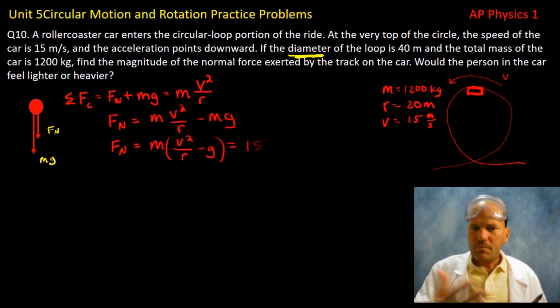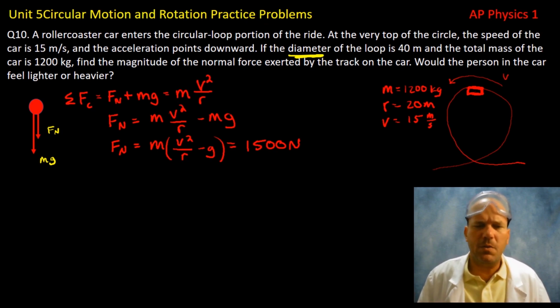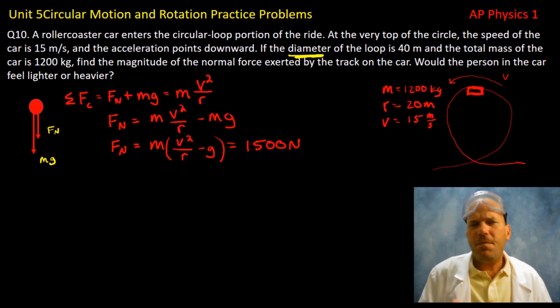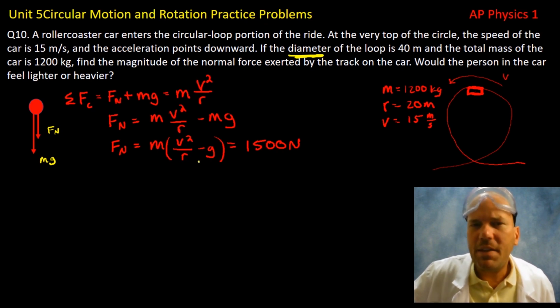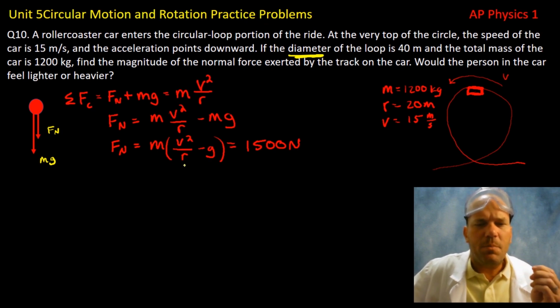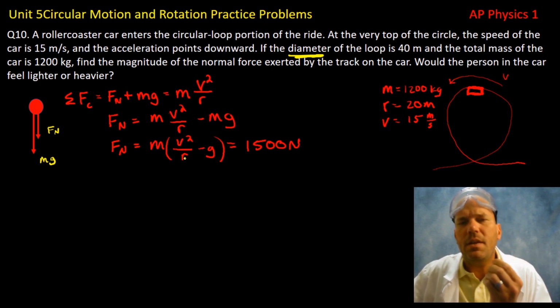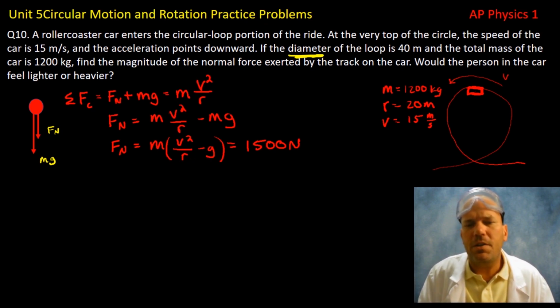So if we put in values and we also factor out mass, I'm doing this for a reason. If I factor the mass out of this expression, it becomes quite evident that I am subtracting the acceleration due to gravity from the centripetal acceleration. Again, I'm subtracting the acceleration due to gravity from centripetal acceleration.